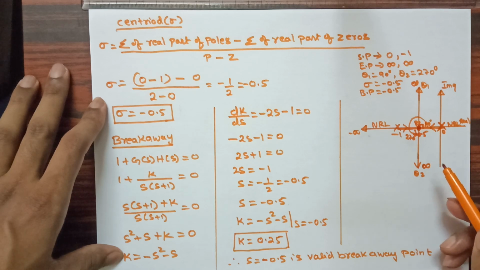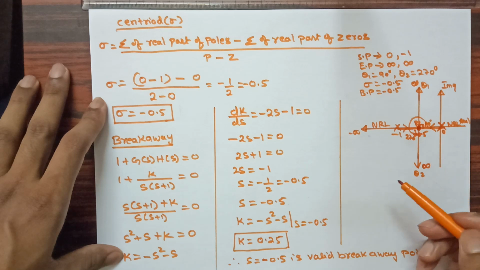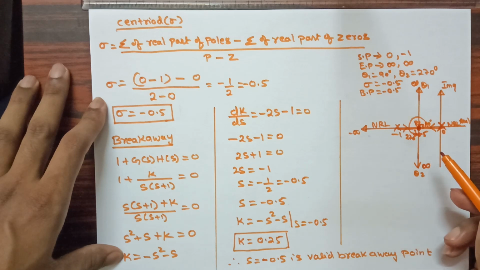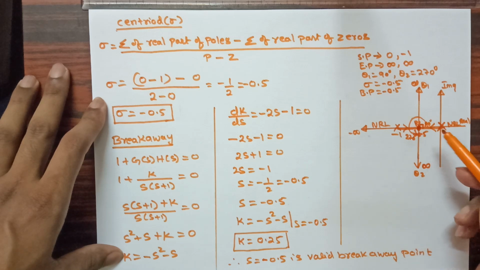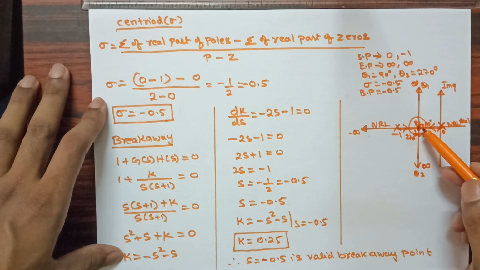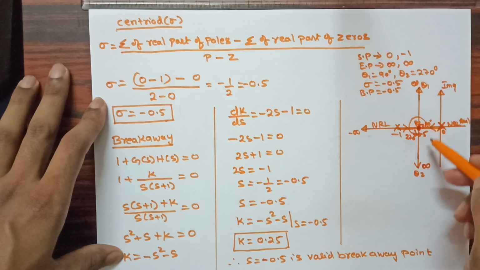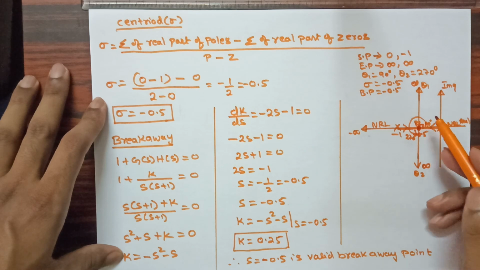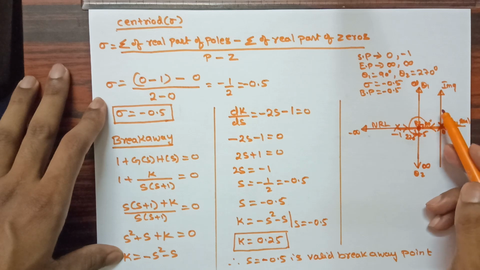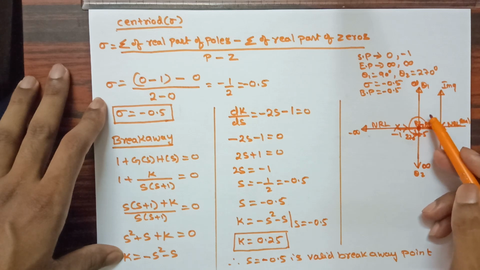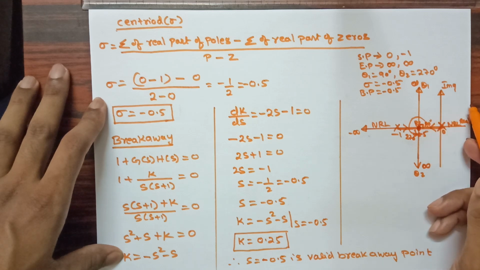Now you can see we are not continuing with the next step, that is the intersection with the imaginary axis. Why? You can see that in both cases both branches are moving, one at 90 degrees and another at 270 degrees. There is no question of deviating from this angle and coming to the right-hand side.